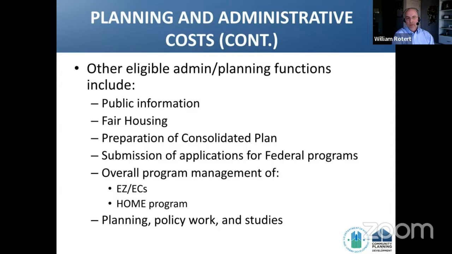And a number of entitlement cities that also receive HOME program funding use their CDBG funds to pay for the general admin and planning costs related to the HOME program. That's permissible. And then your overall planning, policy work, and studies, those kinds of broad-based activities would be considered planning and admin costs. And again, count toward that 20% cap. Next slide.